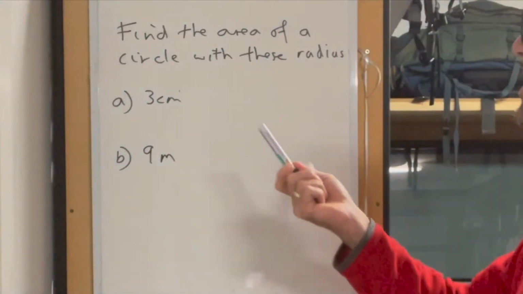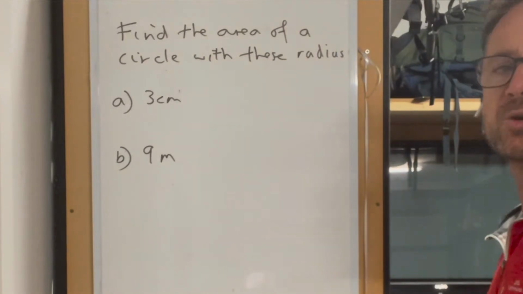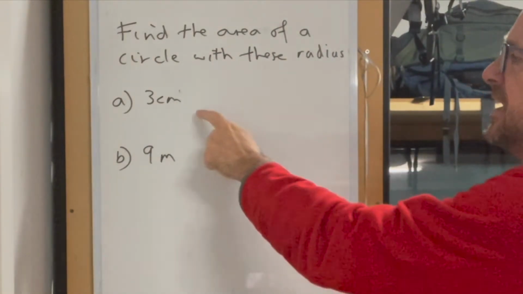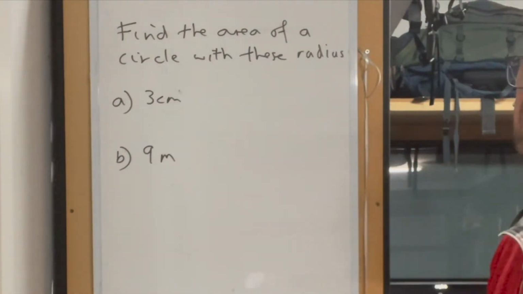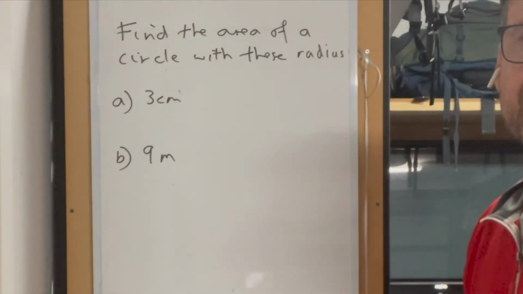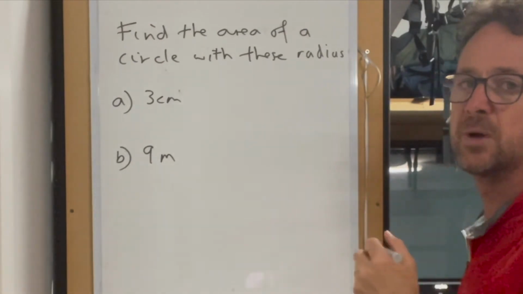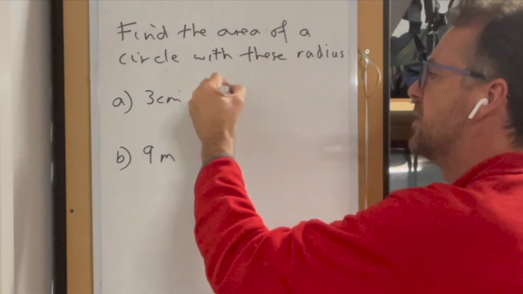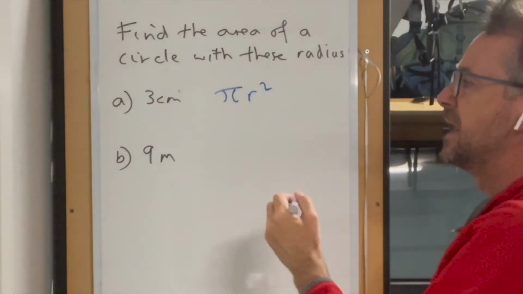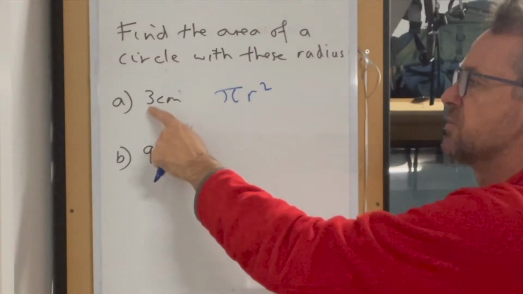Okay, the next question says find the area of a circle with these radii, and it gives you 4 actual different radii. These questions are all the same as each other. So you take the formula for area, which will be on your formula sheet, which is pi r squared, and then you just substitute in the radius here, which is 3.